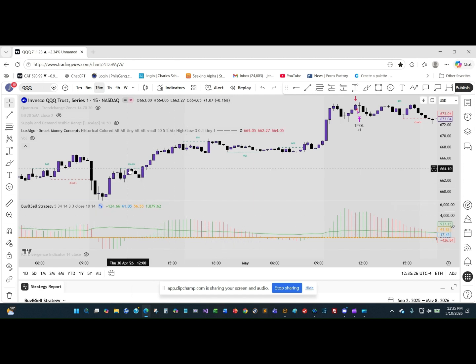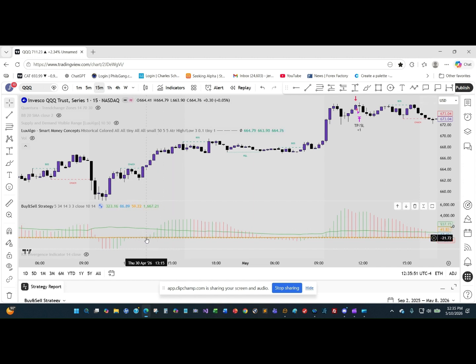See how you have this change of character up here? Right here at this engulfing candle, that's when the change of character came about. Before that, the trend was going down, and now it's starting to go up, and it broke that previous high right there. That's your change of character.